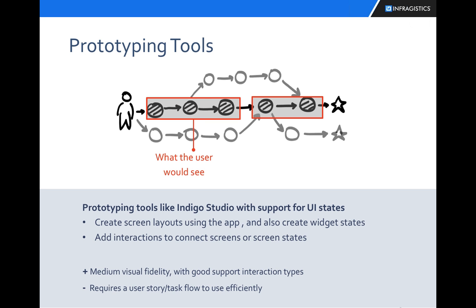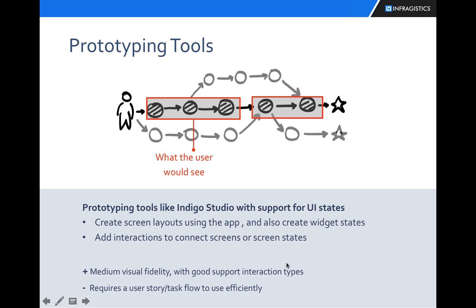And some tools treat it slightly differently than other tools. For example, Axure's concept of state is represented in dynamic panels. So if you're familiar with dynamic panels, it's a small zone inside your major screen, which could have different states. And based on the interaction, you could tell it to show that state of that panel, right?